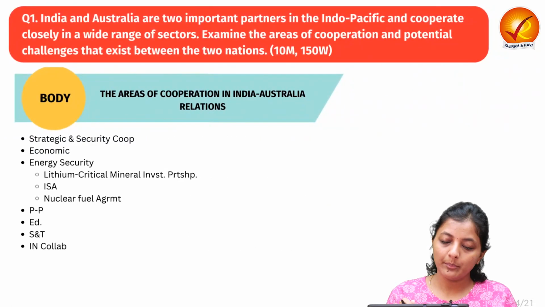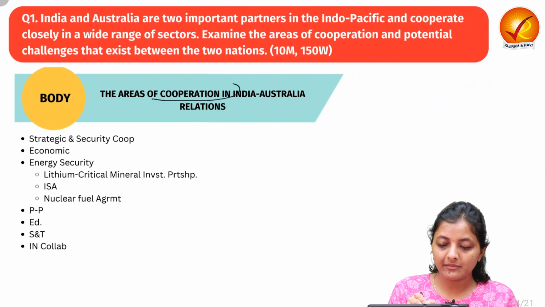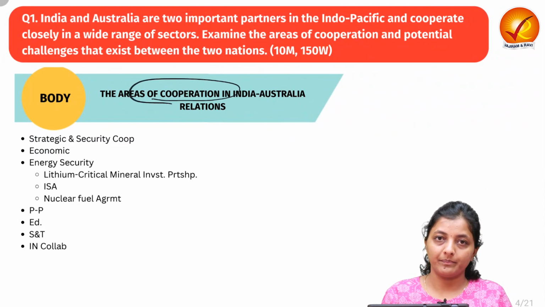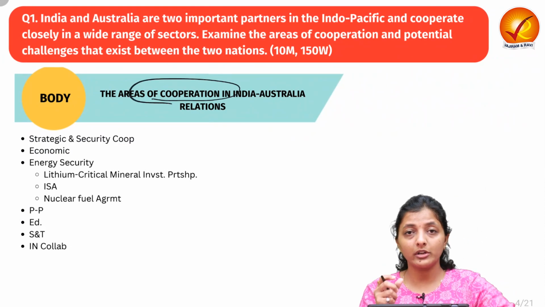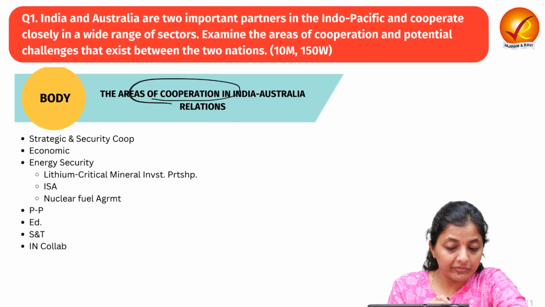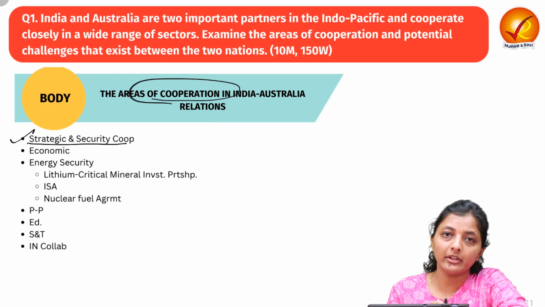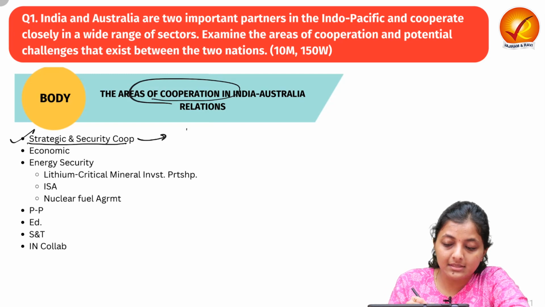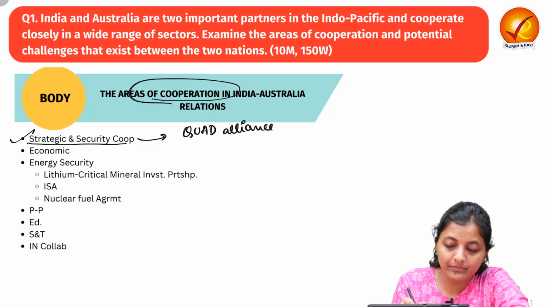Let's move to the body. The first part is we have to write the areas of cooperation, that is, in what domains these 2 countries are working. First one is strategic and security cooperation. In this, we know about the Quad alliance.